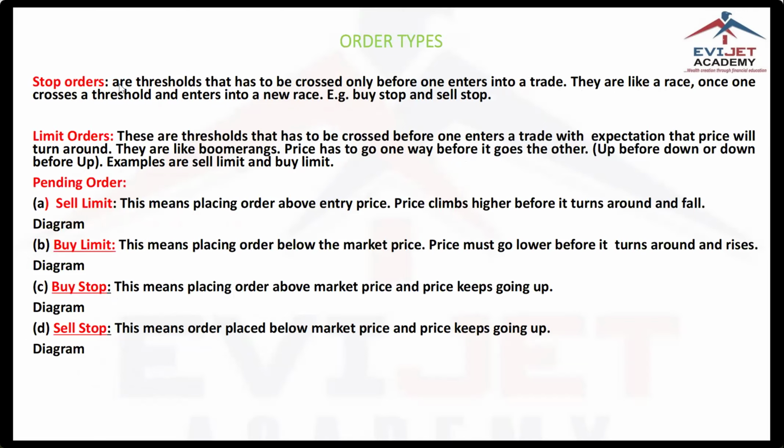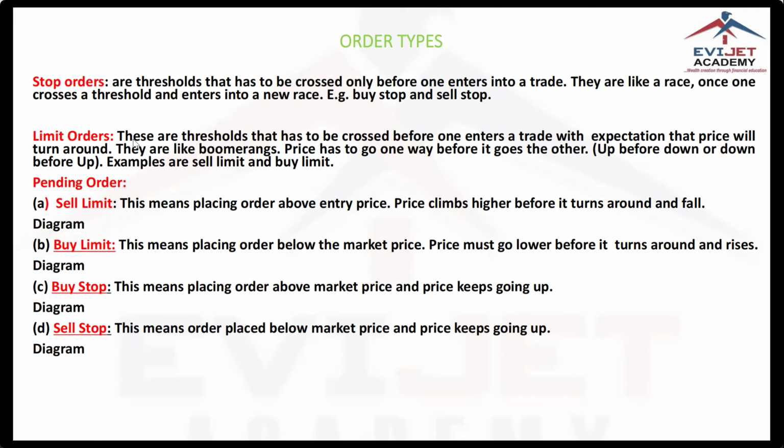Stop orders. Stop orders are a threshold that has to be crossed before one enters a trade. They are like a race. Once one crosses a threshold and enters into a new race, e.g., buy stop and sell stop, they are stop orders. Don't worry, I will explain them very well.